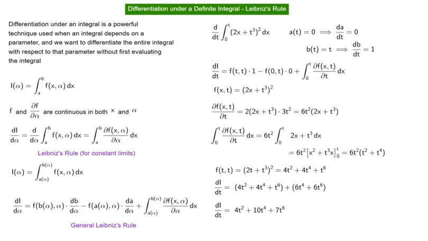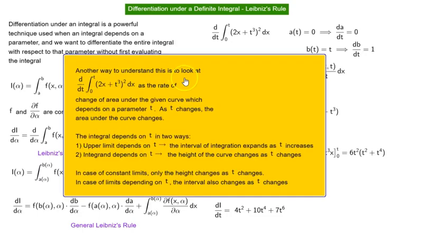In summary, another way to understand this is to look at d by dt of the integral from 0 to t of 2x plus t cube the whole square dx as the rate of change of area under the given curve, which depends on a parameter t. As t changes, the area under the curve changes. Now, the integral depends on t in two ways. Upper limit depends on t, which means the interval of integration expands as t increases.